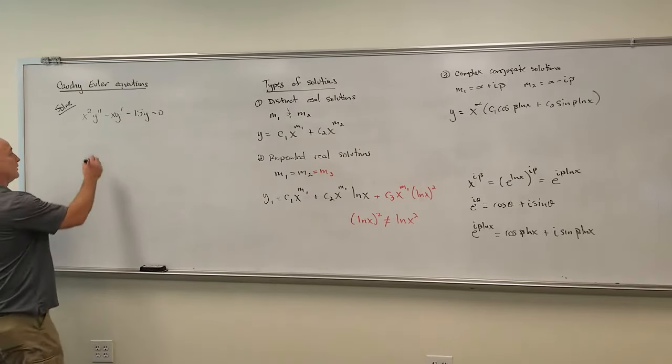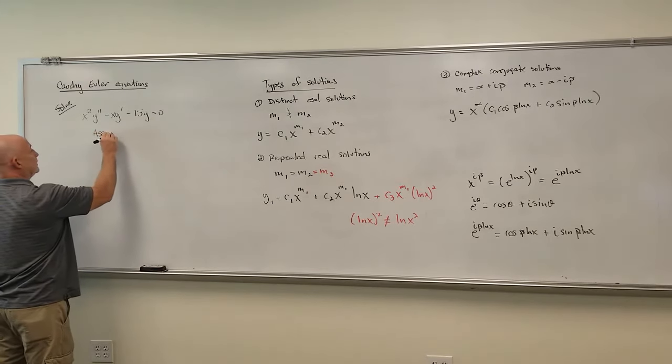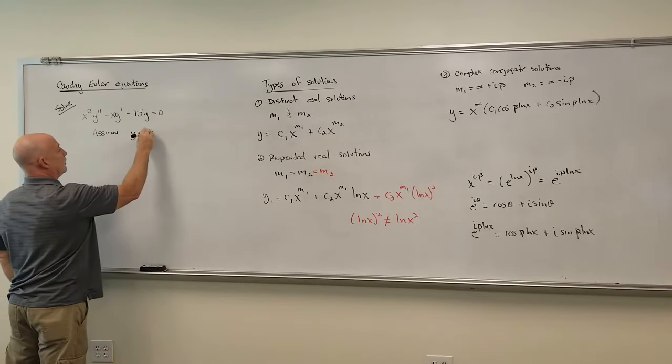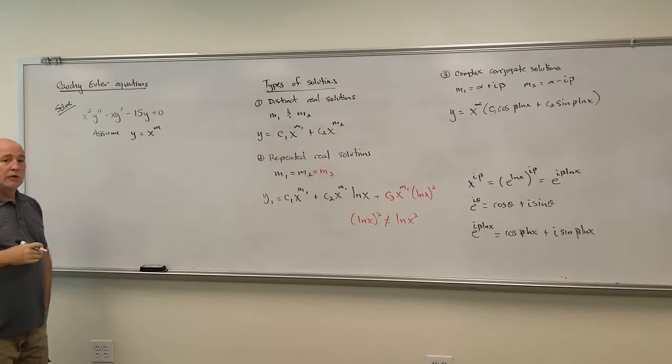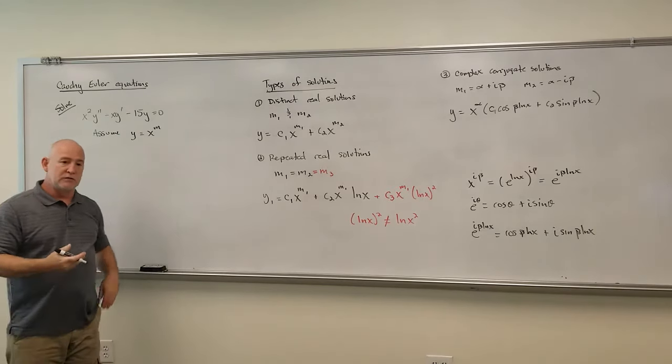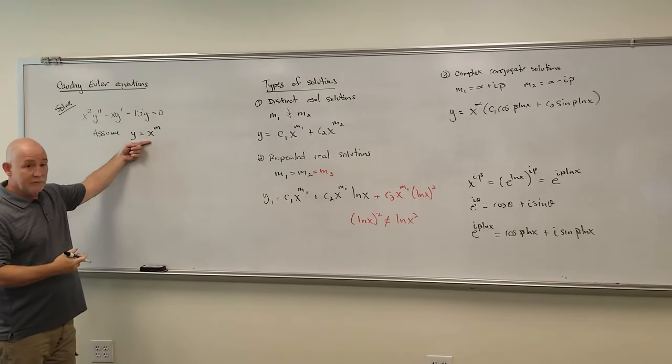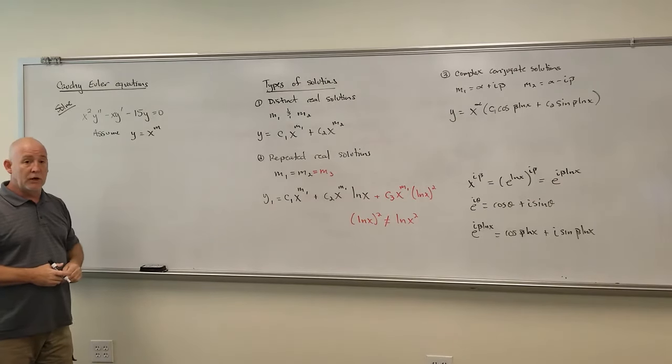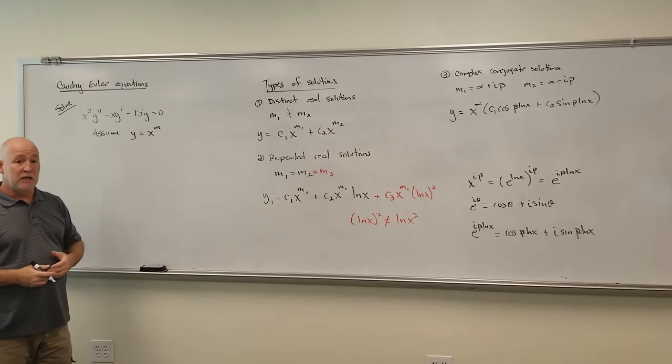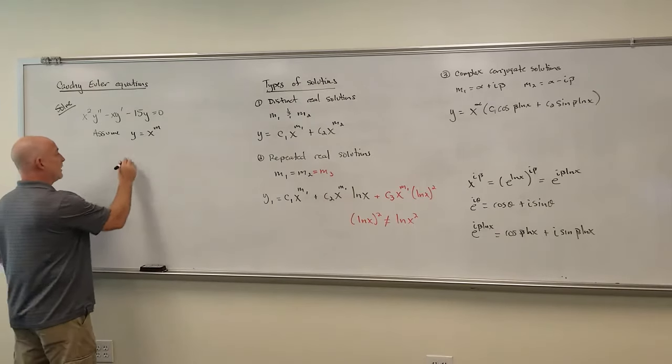So we know to do this, we're going to assume y is equal to x to the m. Now, when we're dealing with constant coefficients, it was pretty easy to jump straight from this assumption to our characteristic equation. It's not quite that easy anymore, so you're probably going to want to do this step for a while.